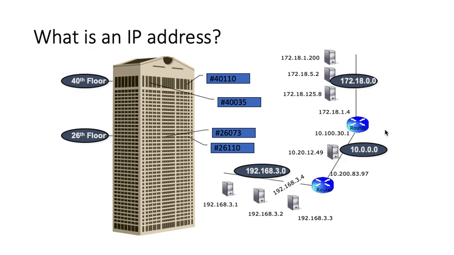These are 3 different networks. These networks are separated by routers, and let's start with the first one. The name of this network is 172.18.0.0, and what this means is that this is a unique network, and underneath those, in this particular case, we can add numbers where those zeros are.